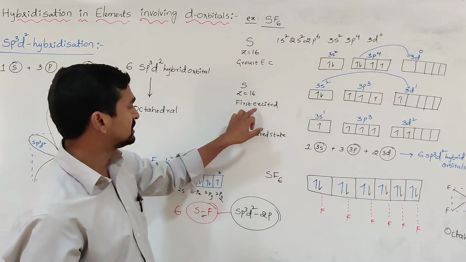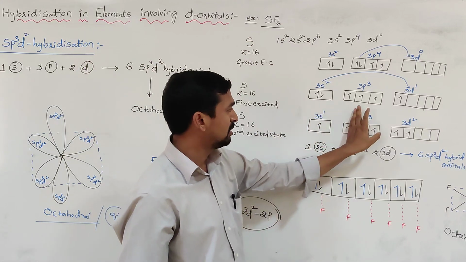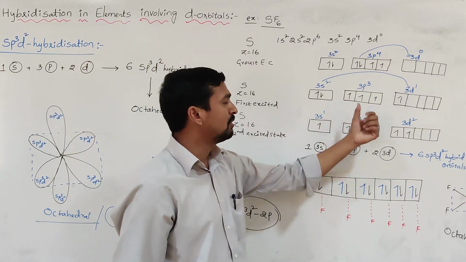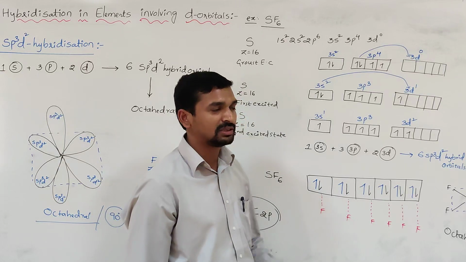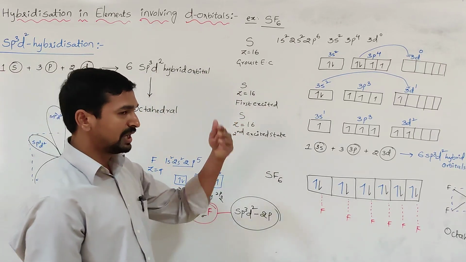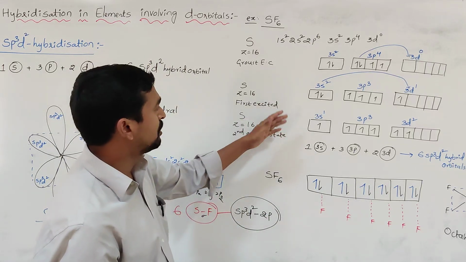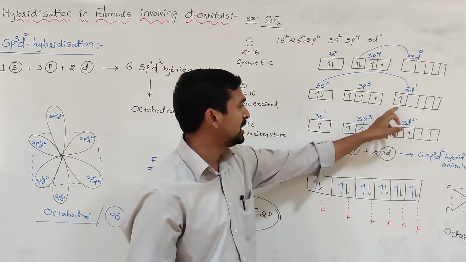As a result, we get the first excited state electronic configuration, in which only 4 atomic orbitals are half filled. This also does not account for the hexavalency of sulfur. So to explain the hexavalency, we need to promote one more electron from the 3s orbital to the 3d orbital.